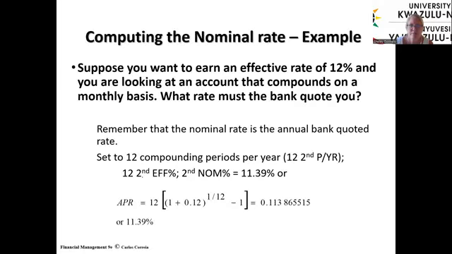So you're going to set your PYR setting to 12 for monthly compounding, 12 second function PYR. Then you put in your 12% as your EFF percent, and you ask for your nominal percent on your calculator, and it's 11.39, which you get as well if you use the formula that I showed you on the previous page.